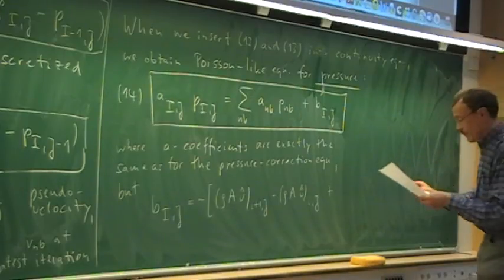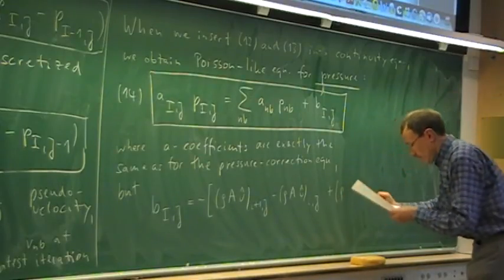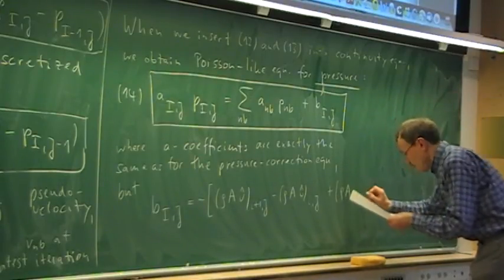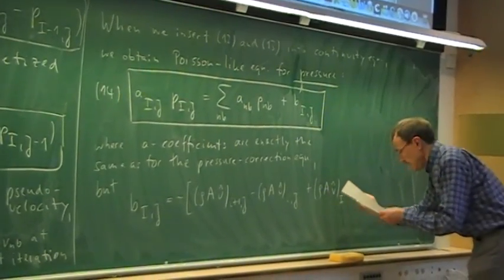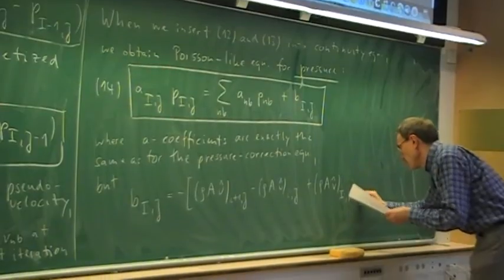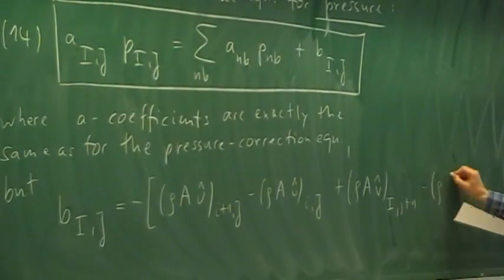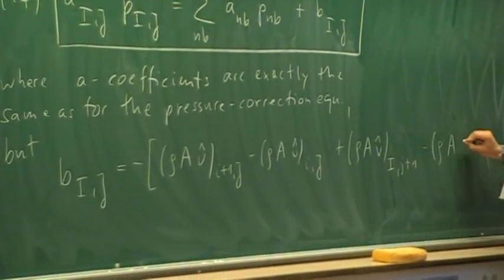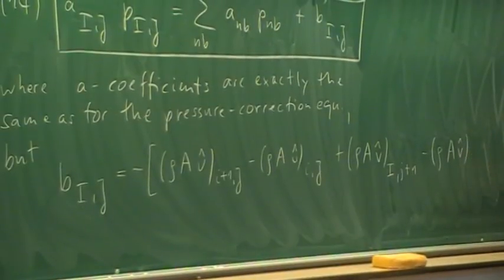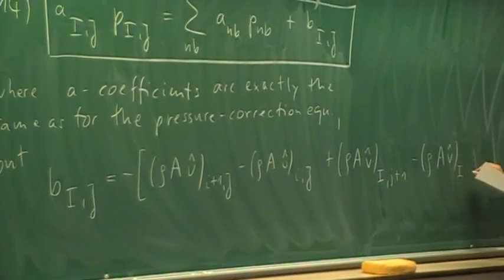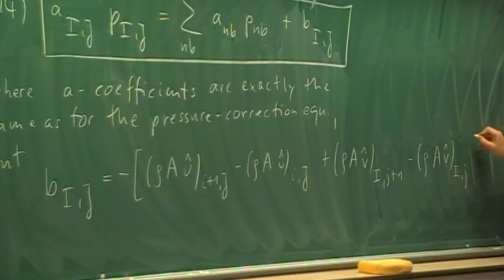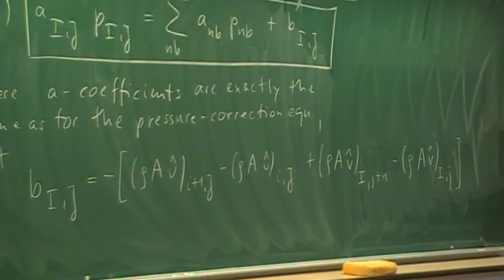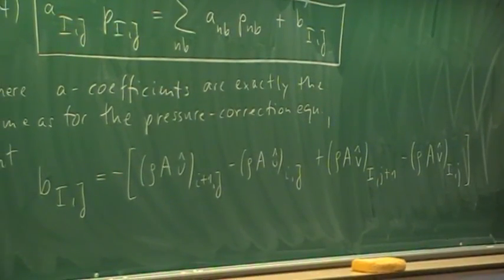Now we have the contribution from the north, from the mass flow there, rho A v hat at I j plus 1, minus rho A, density times area times pseudo velocity in the y direction, at ij. So it is minus the mass balance for the pseudo velocities.